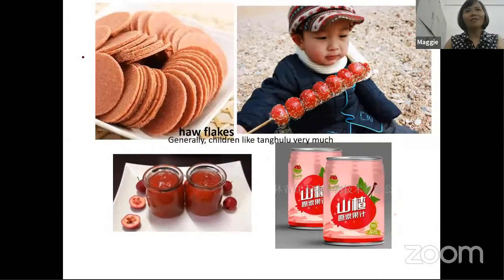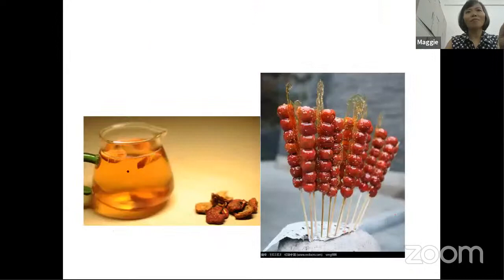The left picture shows haw flakes, and the right picture shows tanghulu. Children generally like tanghulu very much. These are jam and juices. Also, it can be used to make tea. So these are all about the hawthorn fruit.